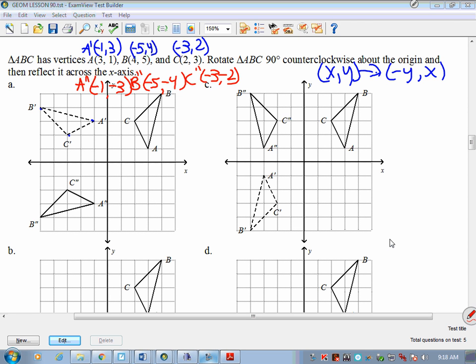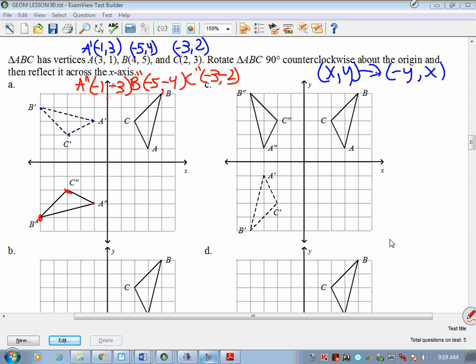So let's look at our final position. Negative 1, negative 3. Okay? Negative 5, negative 4, negative 3, negative 2. So do we see why A works? Not just trying to get there visually, but using the rules that we've learned from previous lessons, correct?